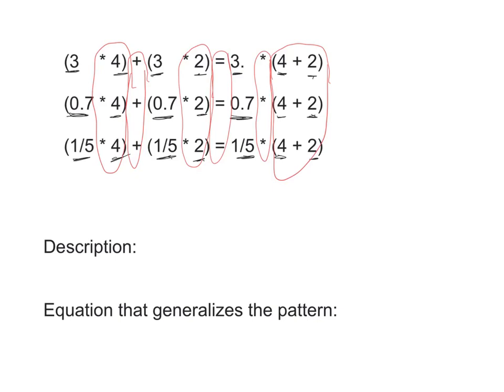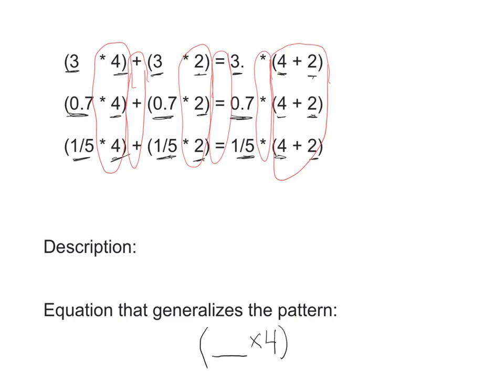Now let's write an equation that generalizes the pattern. Whenever I have an underline where the numbers are different, I will just write a line. So here these are different, and everything else stays the same. I'll just write a line for that. Then I have a times 4 in all of them, so I'll keep that.